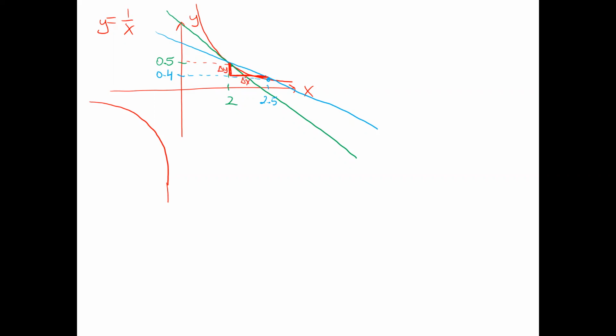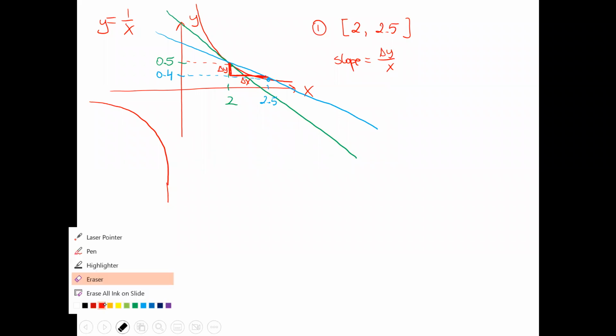My first interval is between 2 and 2.5. This will be the slope, my first one. Slope is the change in y over the change in x, rise over run.